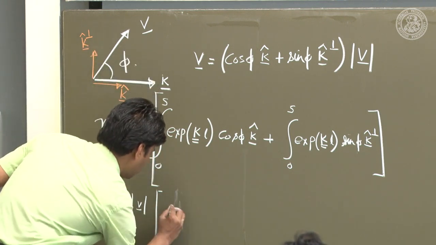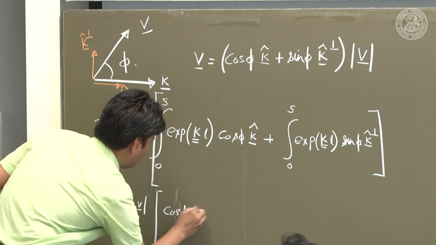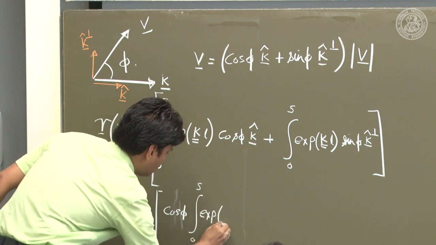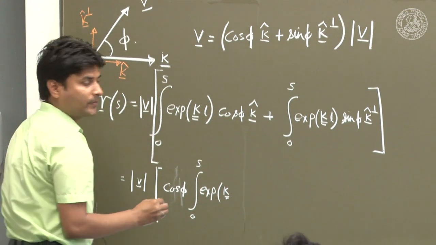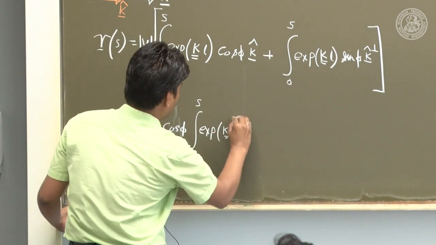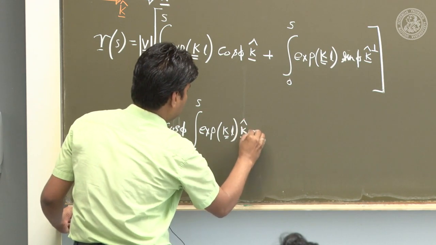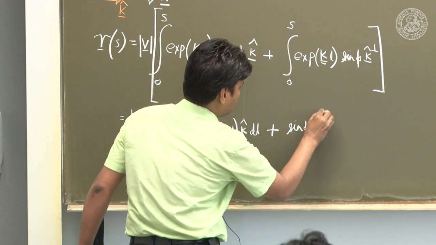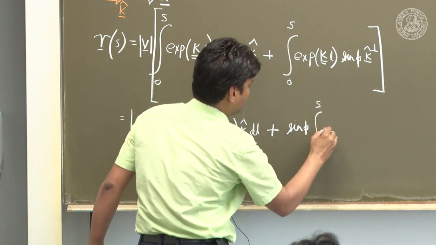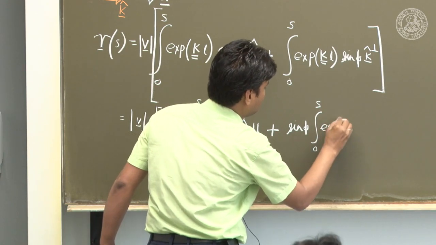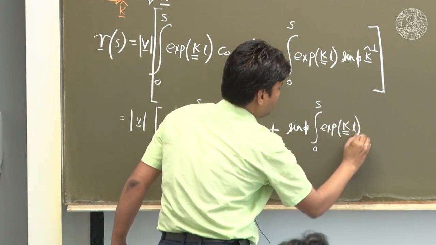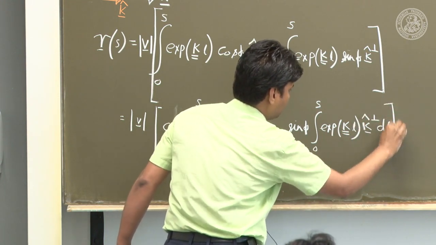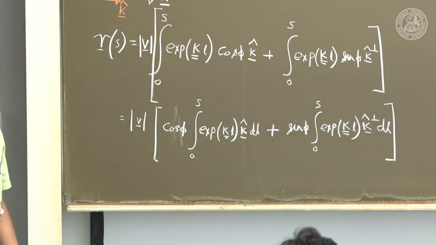So this is simply cosine of phi 0 to s exponential of K L times K hat dL plus sine of phi times 0 to s exponential of K L times K hat perp dL. Right?